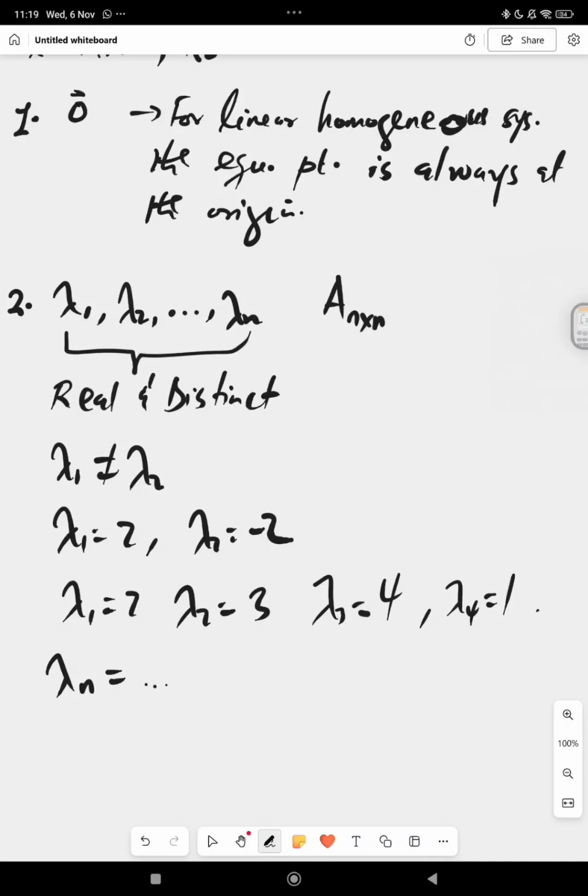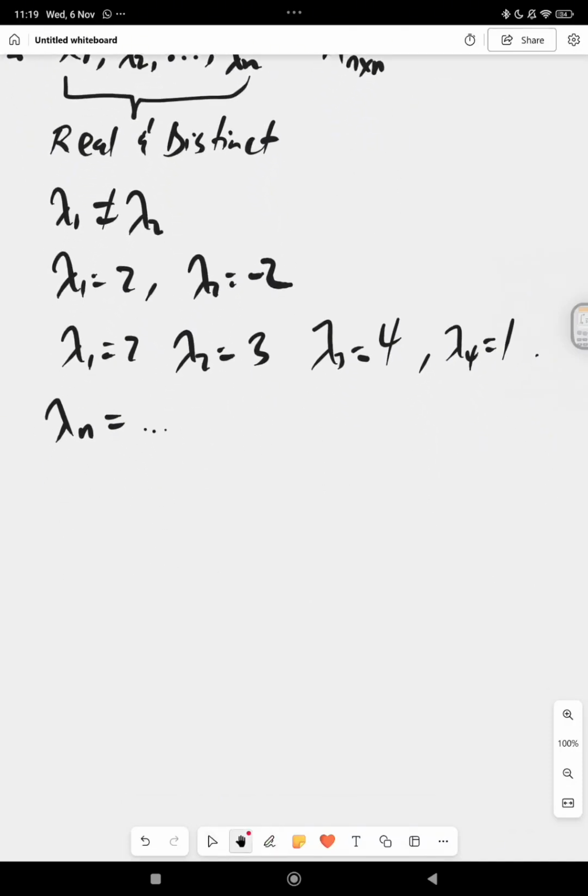We also need to find a set of corresponding eigenvectors. Like I said, for every eigenvalue, there is a corresponding eigenvector. So this set of corresponding eigenvectors will be from v1 to vn. I said set, so I'm using curly brackets.